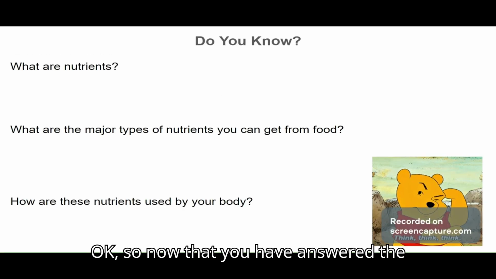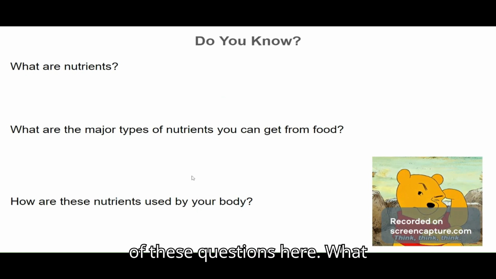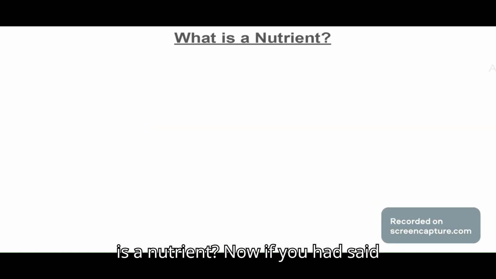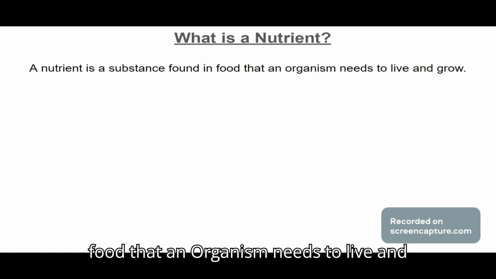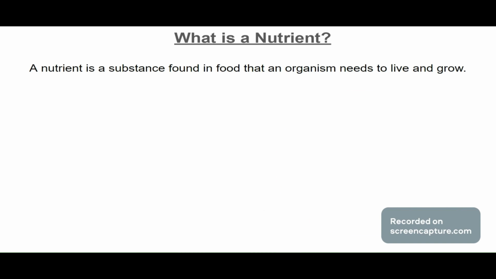Okay, so now that you have answered the questions, let us dive right into the answers. What is a nutrient? If you said that a nutrient is a substance found in food that an organism needs to live and grow, then you are perfectly correct.